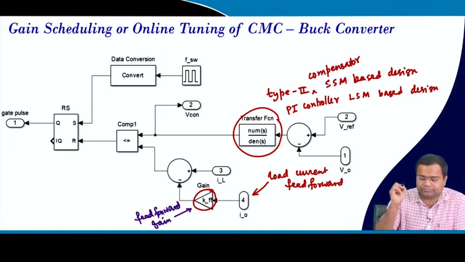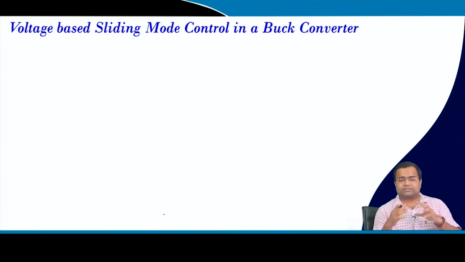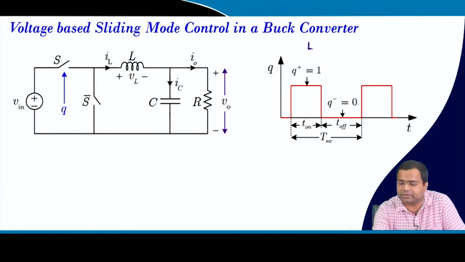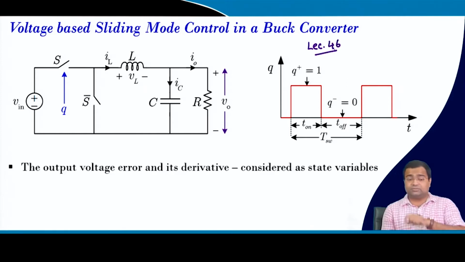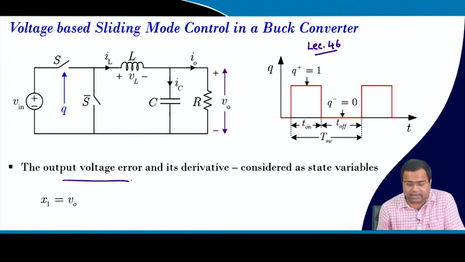Then we are going to talk about voltage based sliding mode control in a buck converter, which we have discussed in detail in lecture number 46. Here we are considering the error voltage and its derivative as the states.